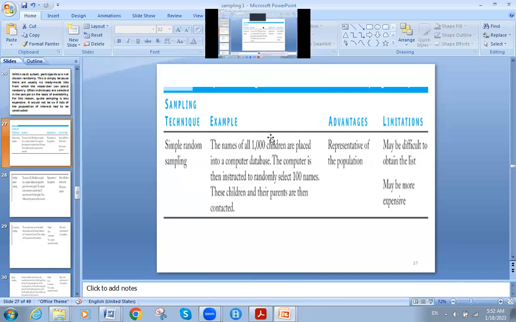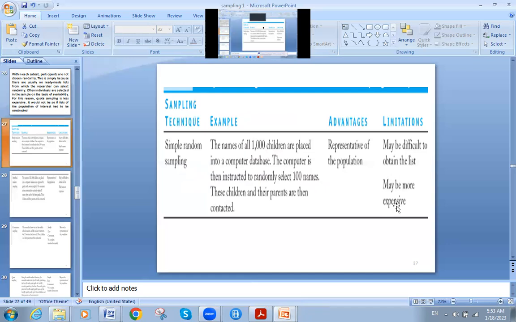Since it's around 1,000 here, we can have 1,000 names, no problem. But still, the disadvantage of this method of sampling is that it might be difficult to obtain the list, and it may be expensive as well.